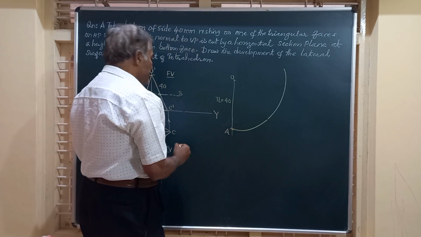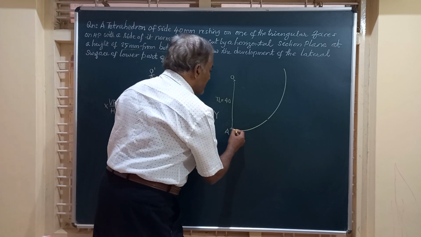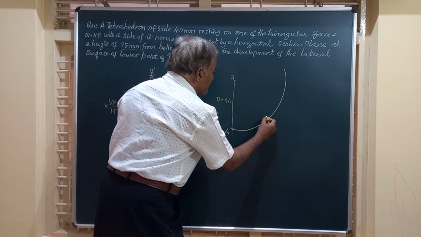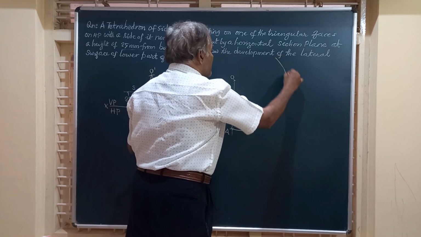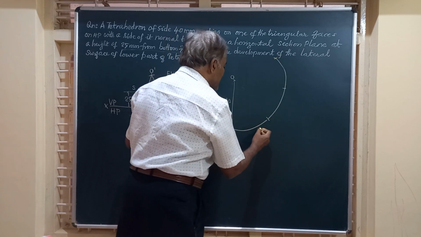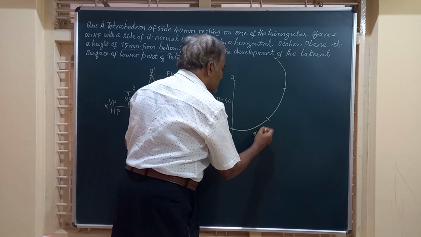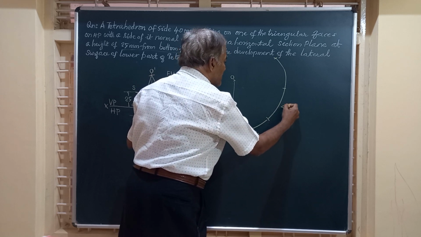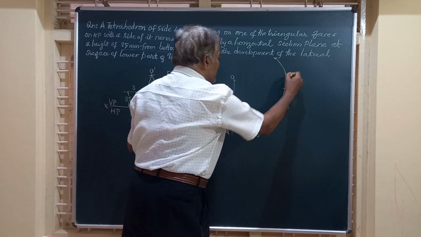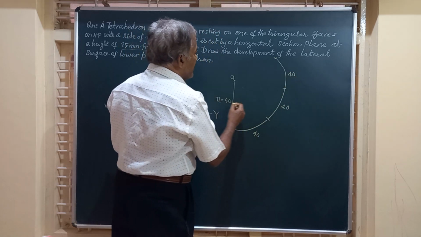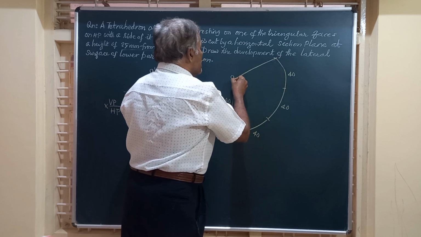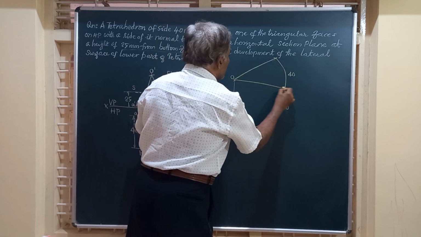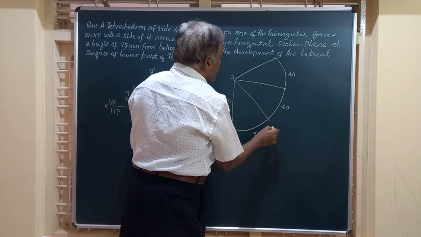Say I am starting from A. Now from here I am going to step off 40 millimeter, again 40 millimeter, once again 40 millimeter. The arc I am drawing here uses 40 millimeter radius. So friends, let me join all these to O, by thin lines to start with.